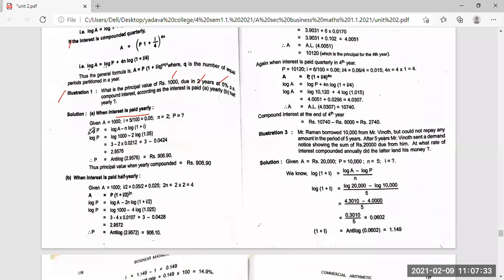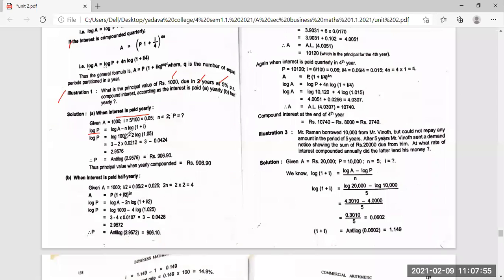So for the principal, you all know the formula: log P is equal to log A minus N into log of 1 plus I. So log P is equal to log 1000 minus 2 log 1.05.